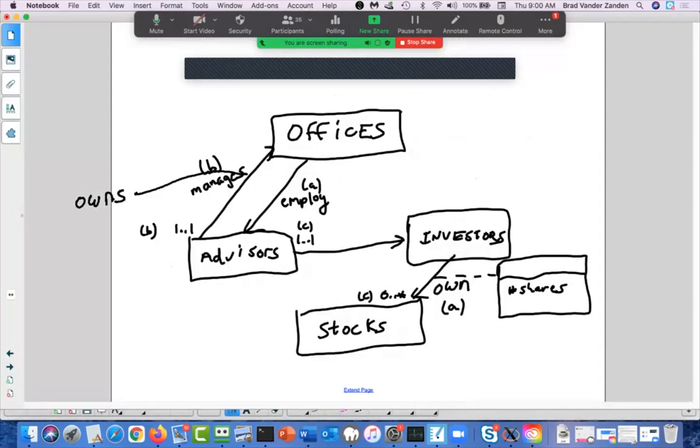You might think, okay, the ticker symbol, the stock's name, the stock's dividend.